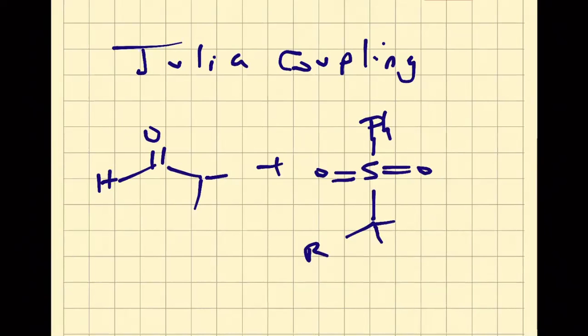You can imagine these protons right here are on my ylide. That's the carbon where my ylide is going to be formed, because those protons have a pKa of about 23, so they can be pulled off with a strong base.